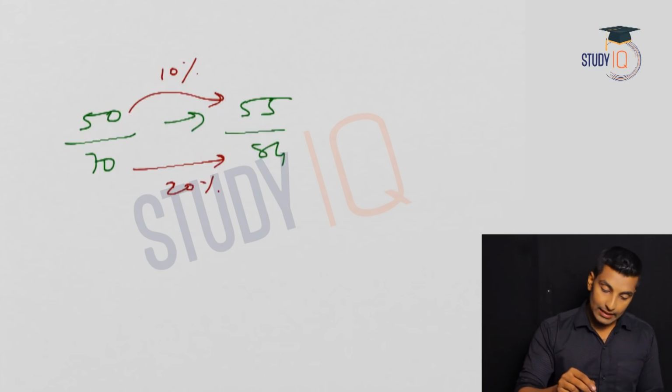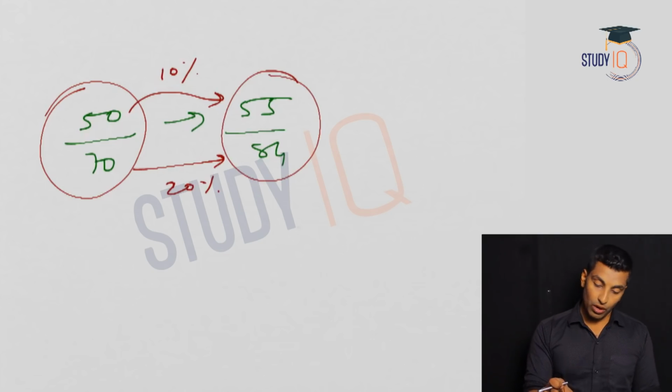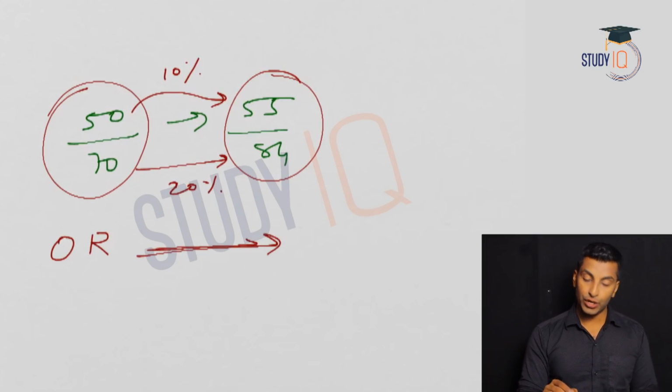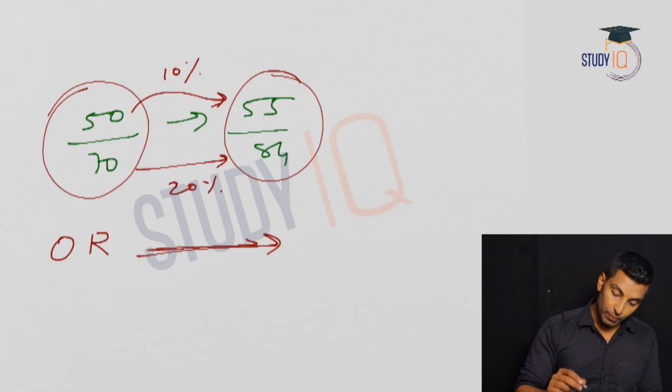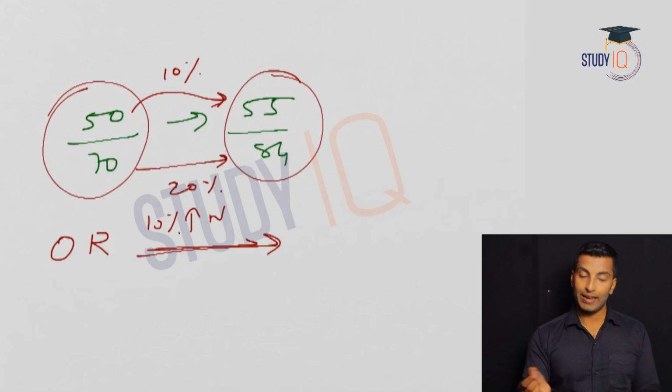So here, let's take this as the original ratio, okay, and this is the final ratio. So effectively, how are we getting this final ratio? From the original ratio, you can add the effect on the numerator, because there is a 10% change, right? So with the effect of the 10% change in the numerator, you get an intermediate ratio.